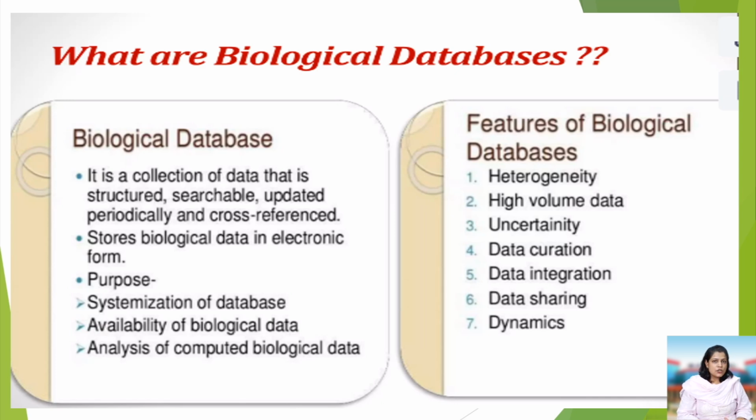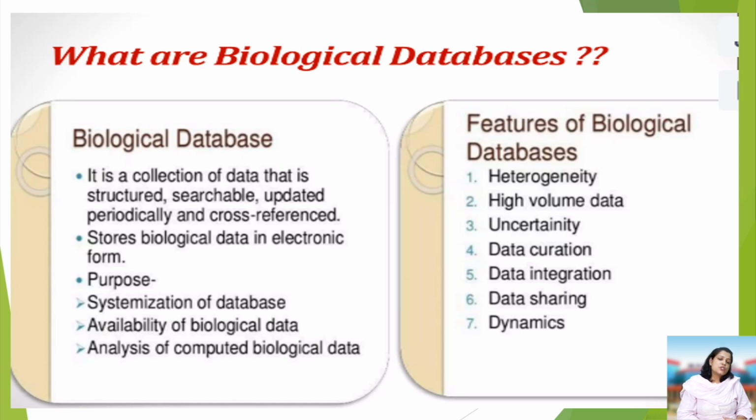It is a collection of structured data, in a particular structure like tables or arrays, searchable, updated periodically and cross-referenced. Biological data is stored in electronic form so that we can access it. The purpose is the systemization of databases, availability of biological data, and analysis of computed biological data.